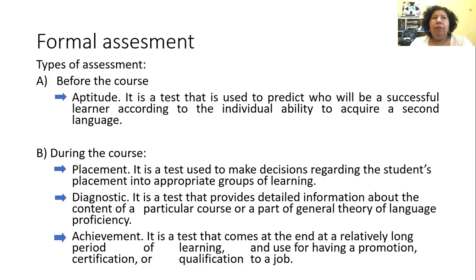It means that, for example, if it's a student that perhaps has some background in learning the language, but doesn't know exactly in which level can be placed or can join a group, then we can assess, okay, with this placement test.